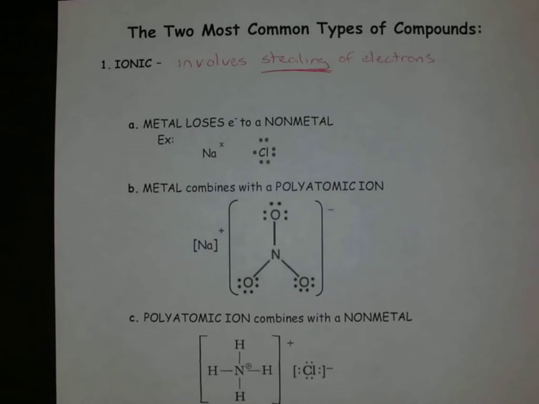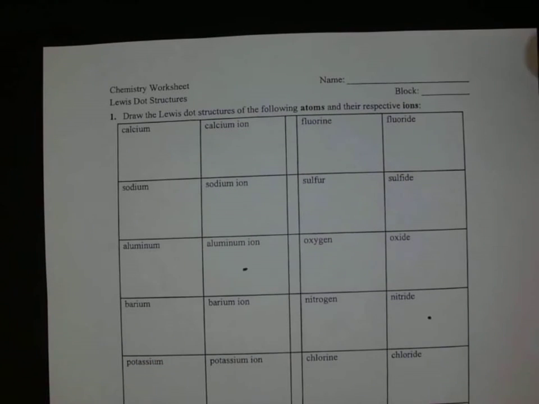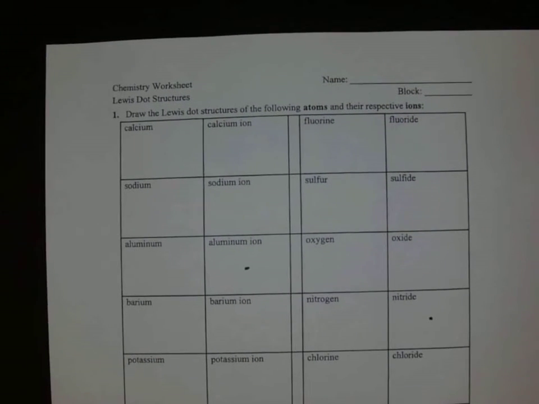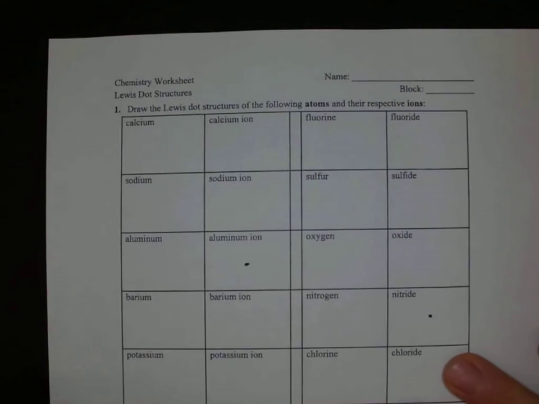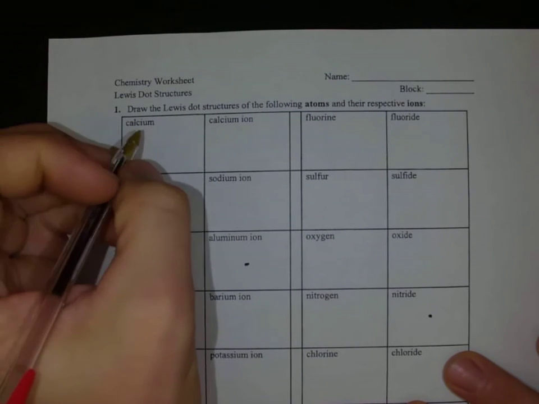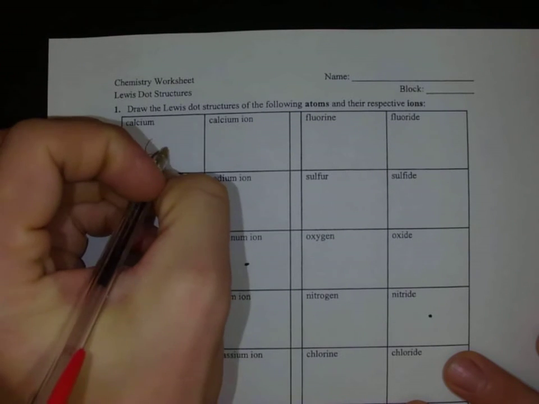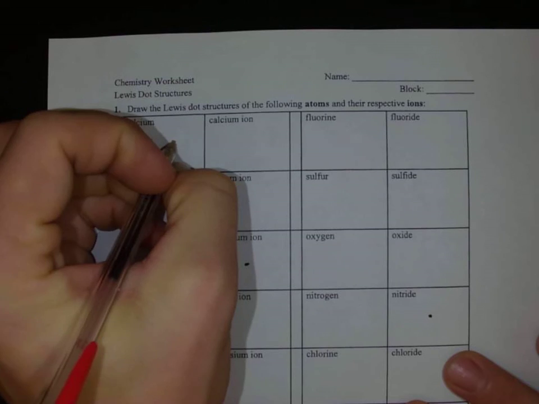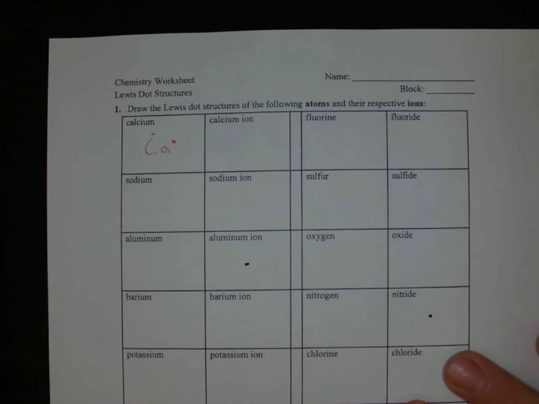So let's draw some Lewis structures for ions. Calcium is a metal. It's over on the left-hand side, in the second column. So I'm going to draw my 2 electrons.